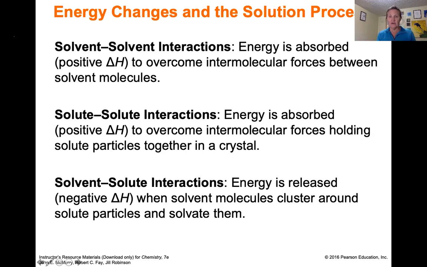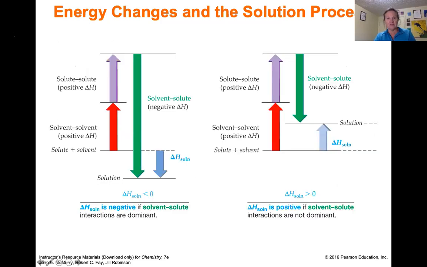You have to break apart those ionic bonds. And then you get some energy back when the water molecules interact with the ions and you get new intermolecular forces. So depending on those relative quantities, you could get more energy back than you had to put in to break apart the interactions, or it could be the other way. You could get less energy back.